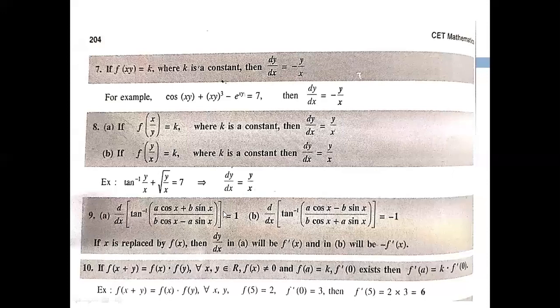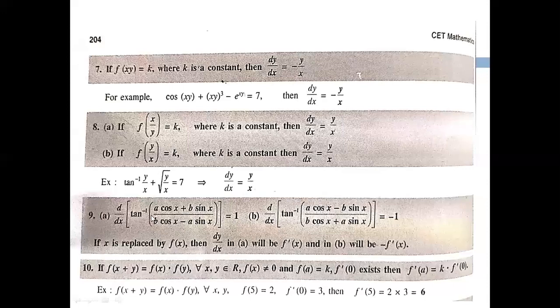Ninth, d by dx of tan inverse of (a cos x plus b sin x) whole divided by (b cos x minus a sin x) is equal to 1. D by dx means derivative of tan inverse of that function. See, observe these two functions.